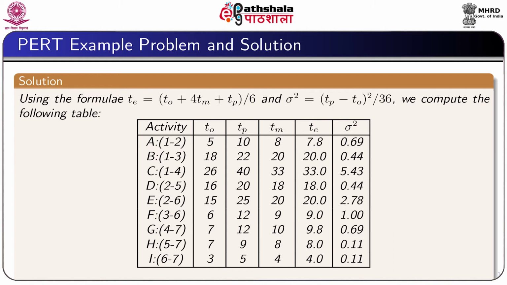We have the activities A, B, C, D, E, F, G, H and I. Second column gives the optimistic times, third column gives the pessimistic time and fourth column gives the most likely time, and from these 3 times we can easily calculate the expected time for each activity and then the variance for each activity as shown in this slide.